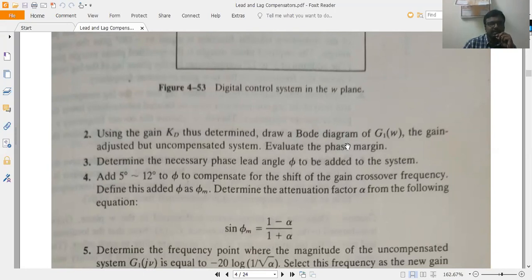And next, we need to determine the necessary phase lead angle phi to be added to the system.